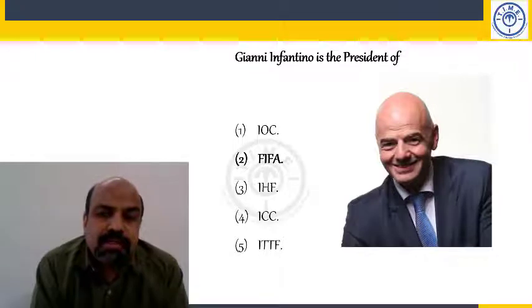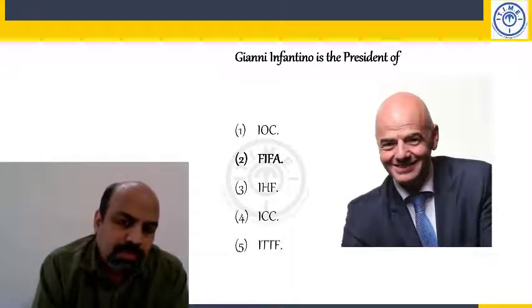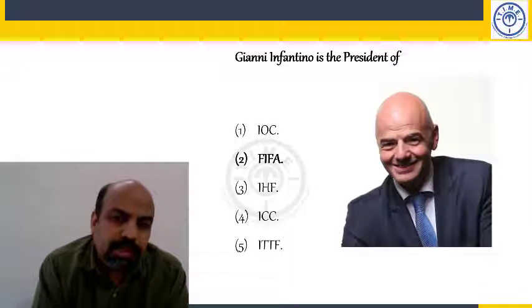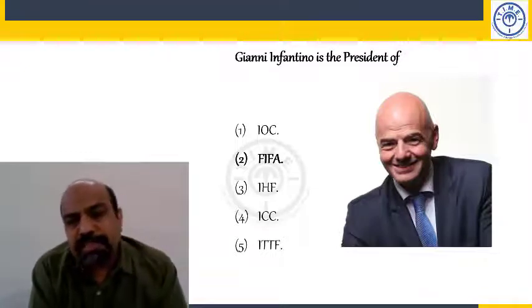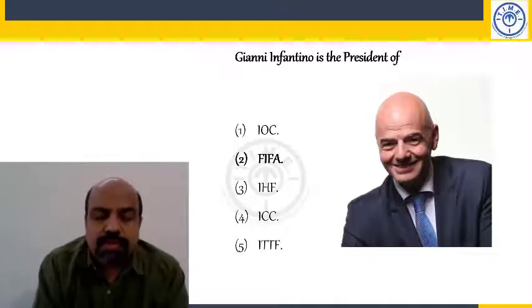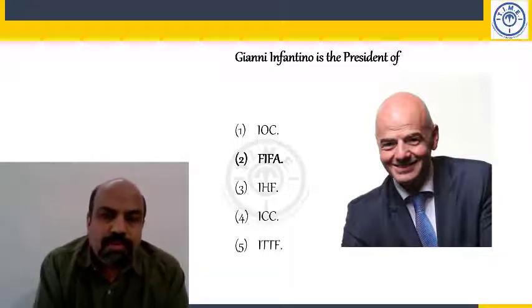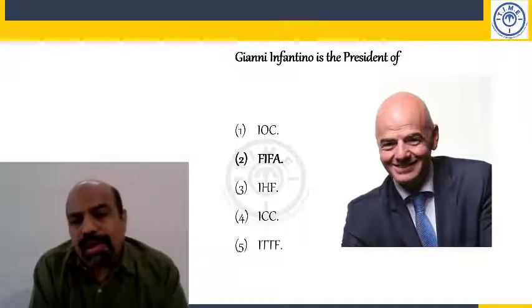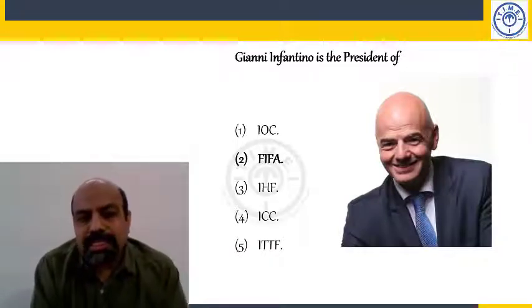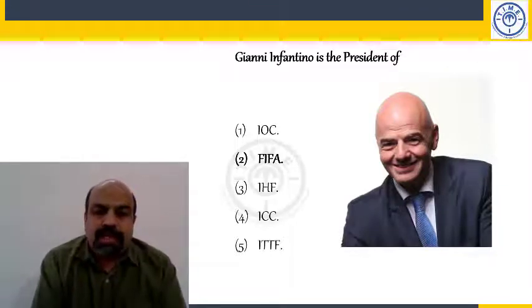International Federation of Association Football, FIFA. Second point, established 1904. Head office Zurich, Switzerland.